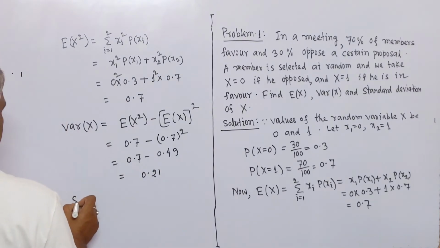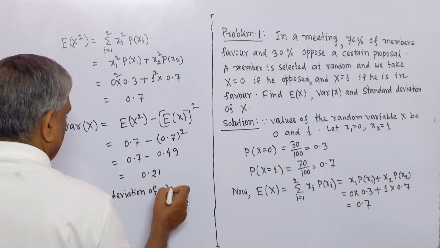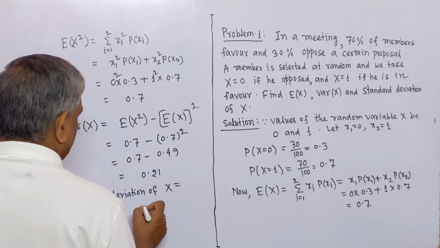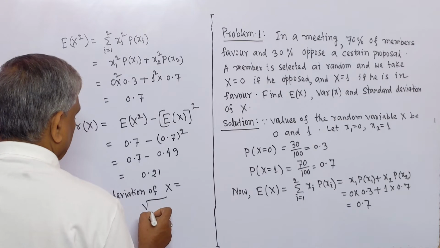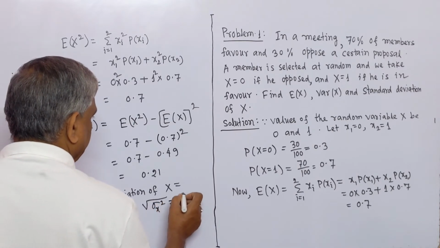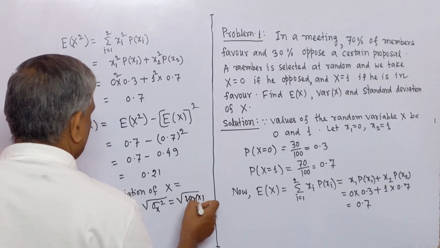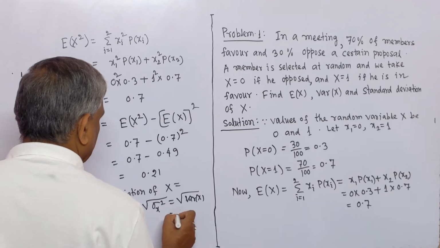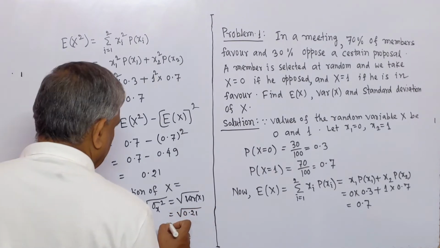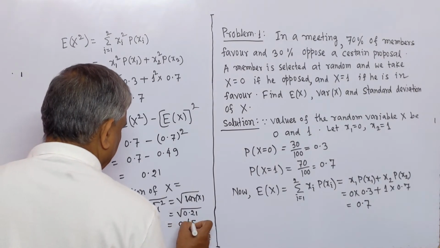Now standard deviation of X equal to sigma x, square root of variance of X, means square root of 0.21, and this is equal to 0.458.